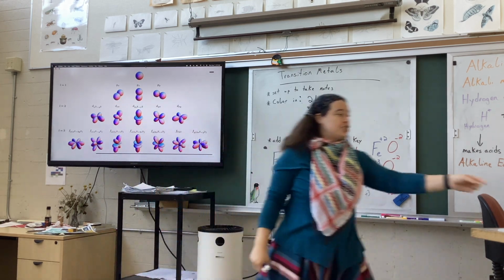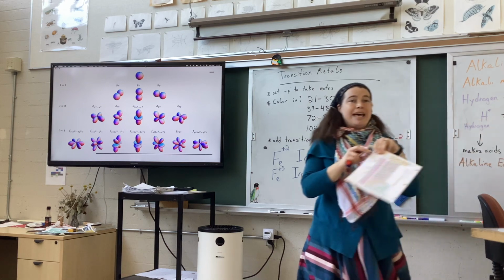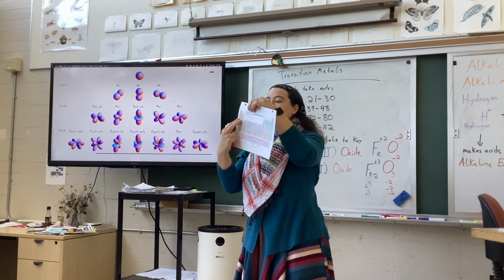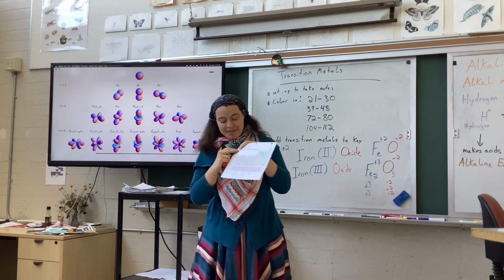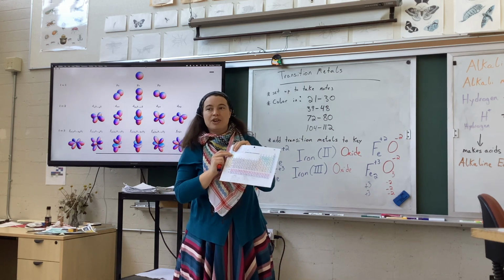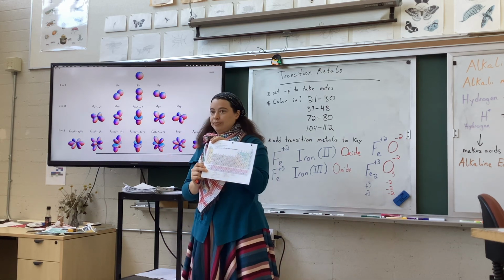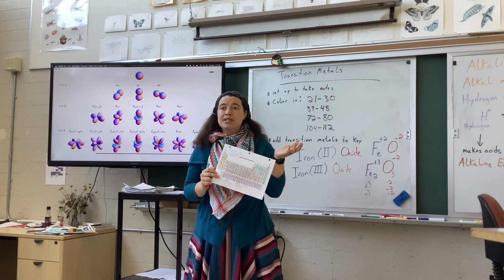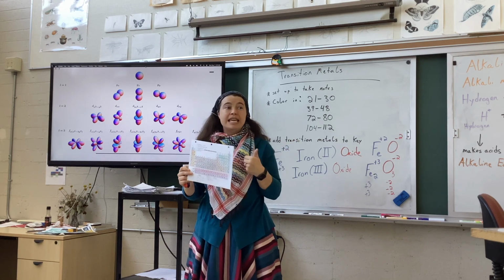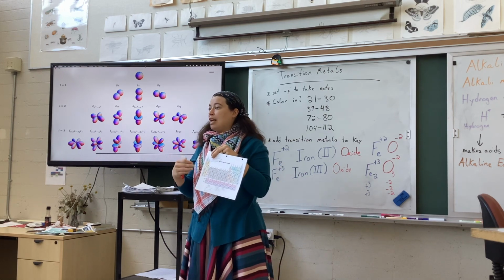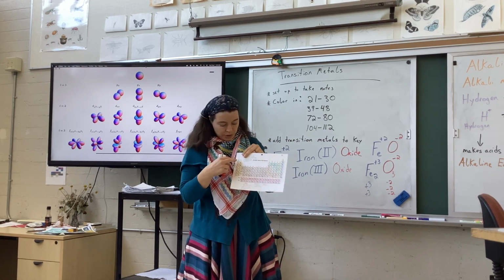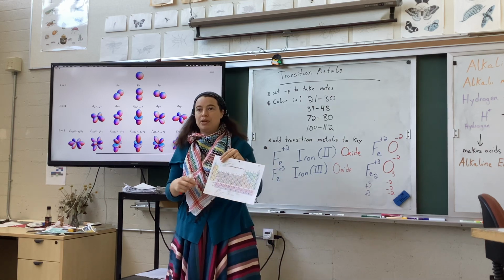Everything in those first 2 columns, all of our alkali metals, hydrogen, all of our alkaline earth metals, and also technically helium, these things have their valence electrons in an s orbital. So s orbitals like to become stable by emptying out, right? Which is why these things tend to lose an electron to form ions with a charge of +1, or lose 2 electrons to form ions with a charge of +2.